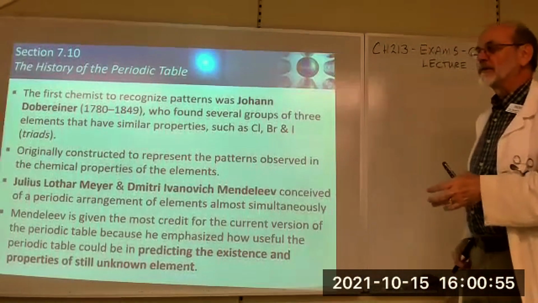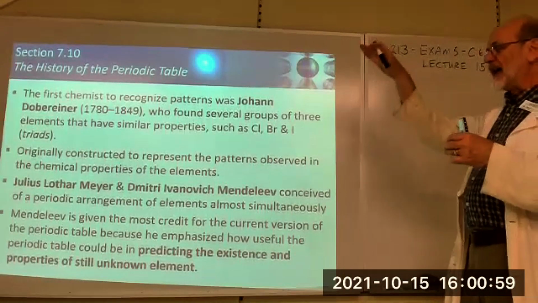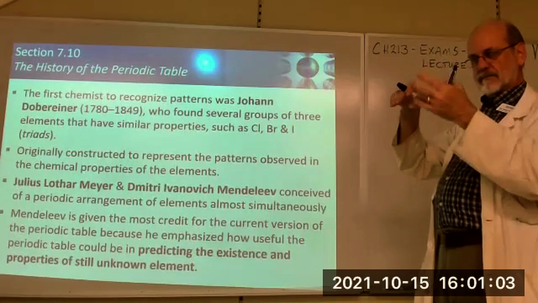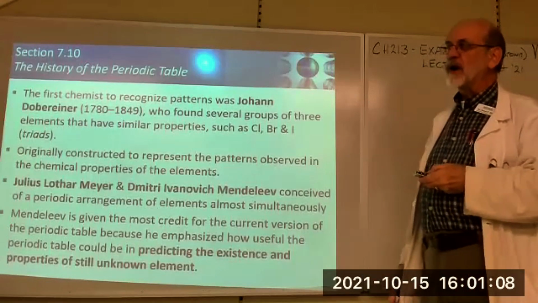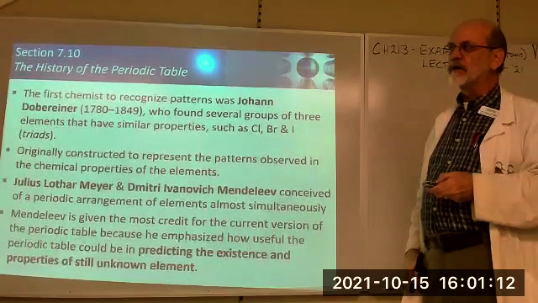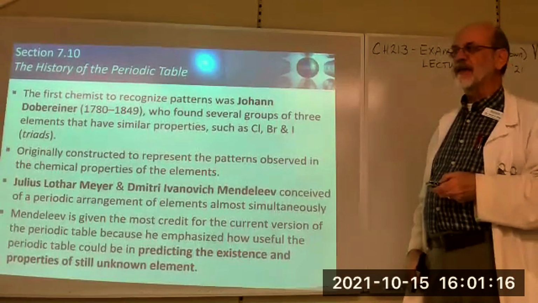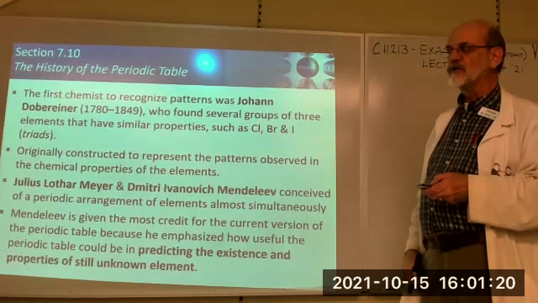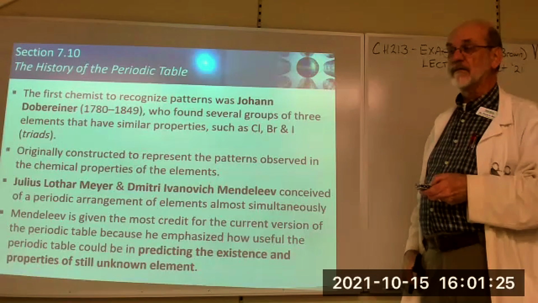But these groups had to have proper characteristics, and when he started lining them up by increasing mass, he found that when he came to a point where the next one had a certain amount of mass and it would have gone in this position, he said, wait a minute, it doesn't have anything like these characteristics. It's more like the one next door. So he just moved it over and said, it's there. And this one is undiscovered.